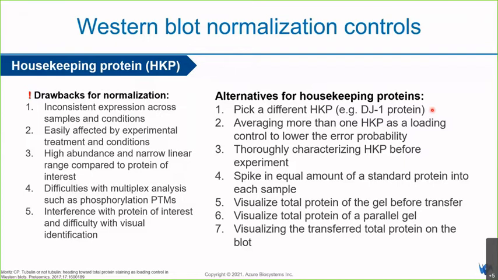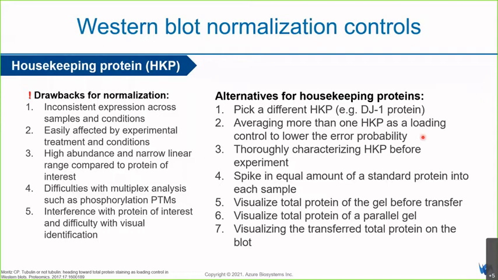Then, if I can't really pick a different housekeeping protein, how about I add another housekeeping protein? Yes, you can do that to average out the variation and lower the probability. But at the same time, you are increasing the cost of the Western blotting experiment.